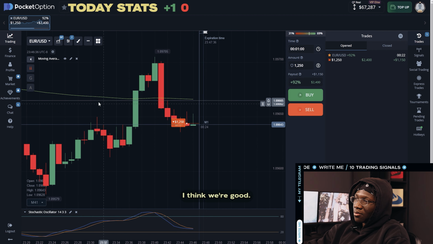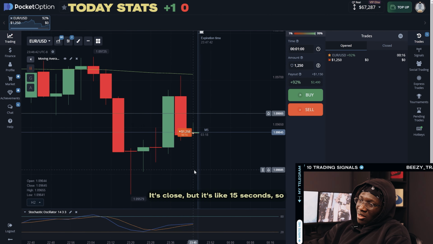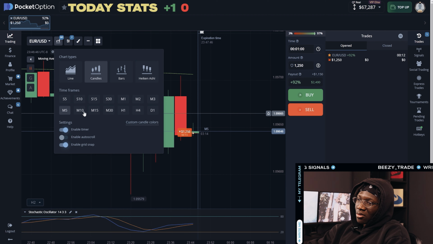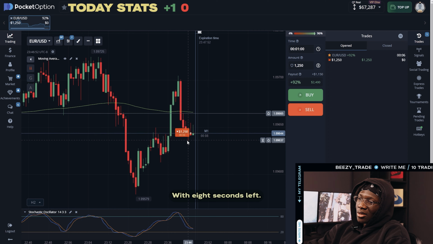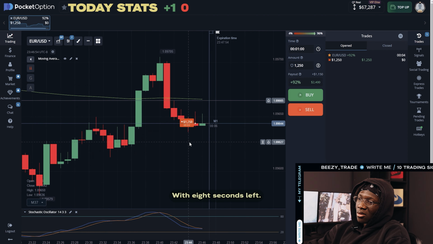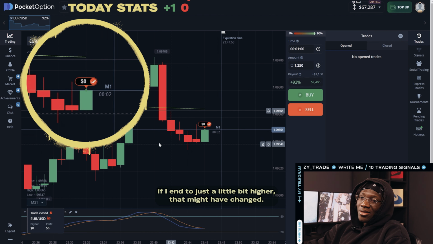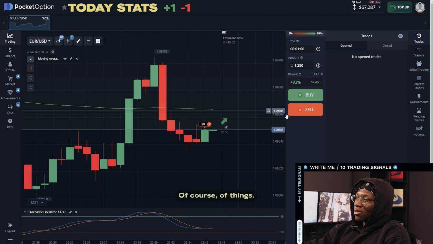I think we're good. It's close, but it's like 15 seconds. So it's kind of a toss up a little bit right now with 8 seconds left. If I had entered just a little bit higher, that might have changed the course of things.